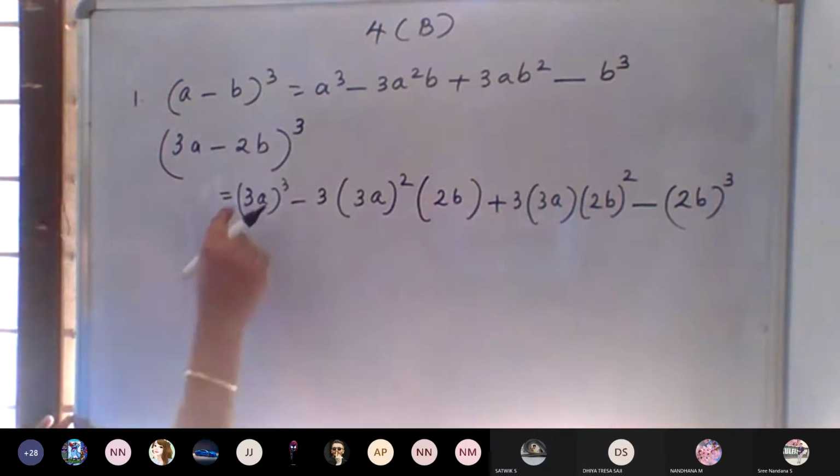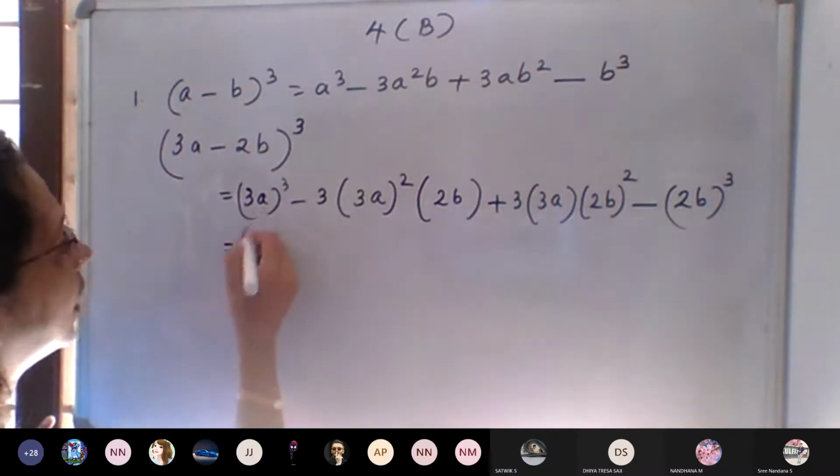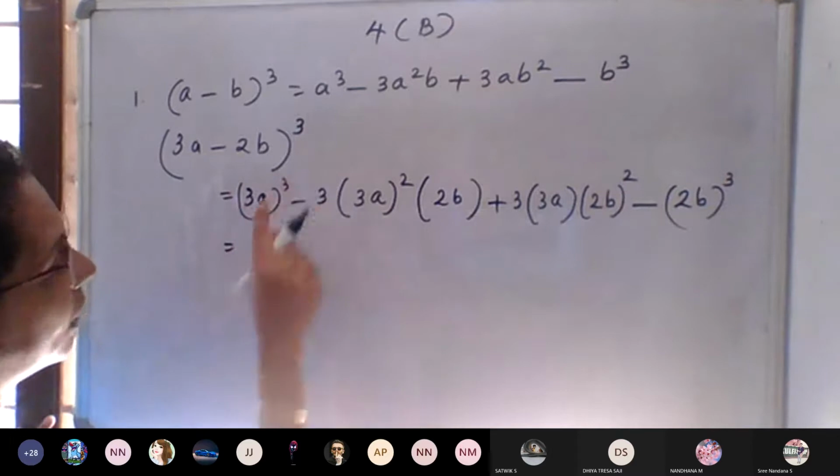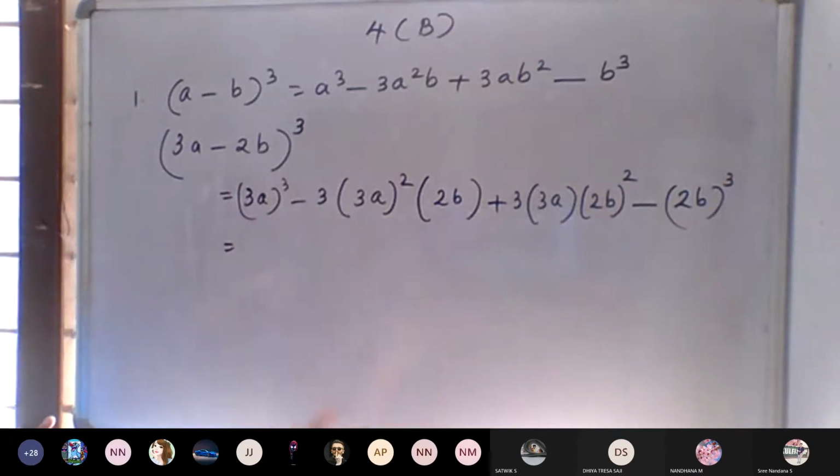Cube is common for the 3 and a. So that means 3 cube, that means 3 into 3 into 3. Do the calculation.